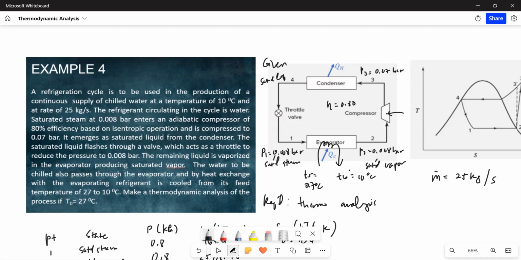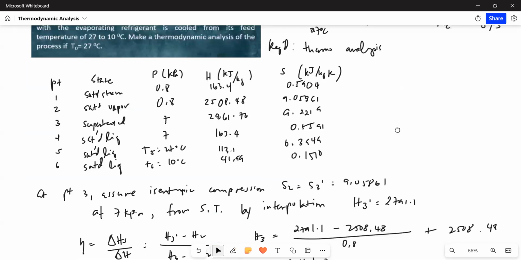The goal of this refrigeration cycle is to chill the water from 27 to 10 degrees. And the mass flow rate of that is 25 kilograms per second. Let's label that as MC, chilled H2O. And then let's go back.